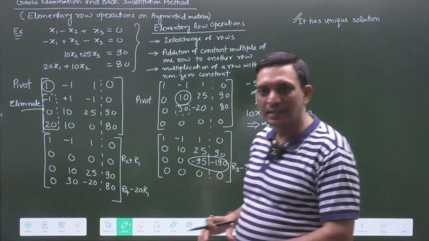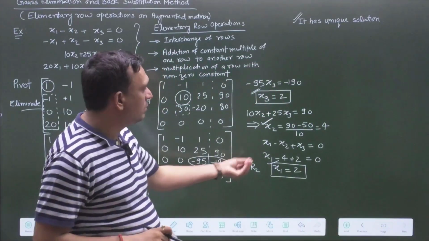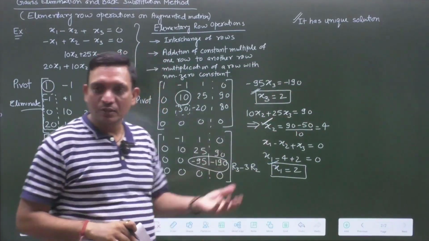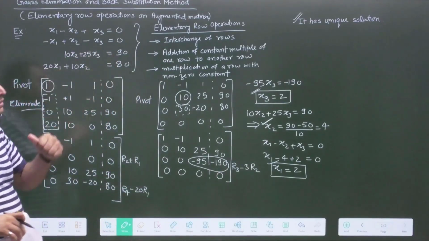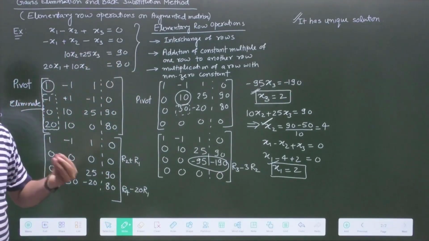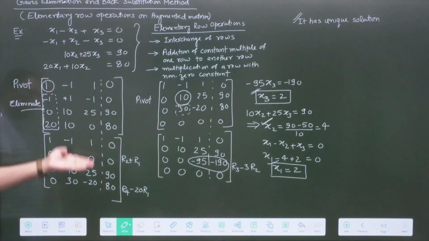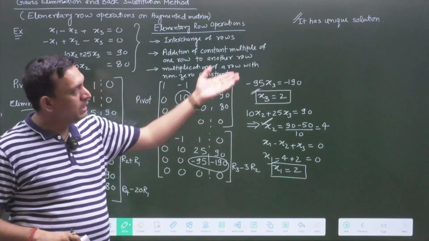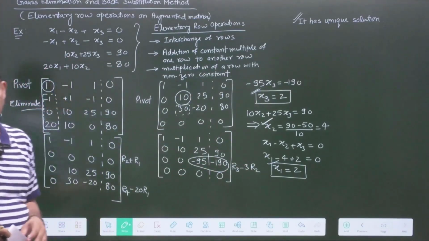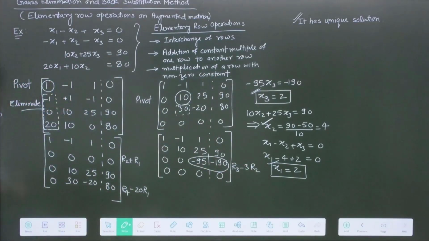Normally in exam they will not ask you what is the value of x1, x2, x3, but they will ask whether this particular linear system of equations has unique solution, no solution or infinitely many solutions. So by using the elementary row operation you can check it. Okay? So write down.